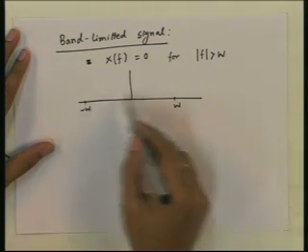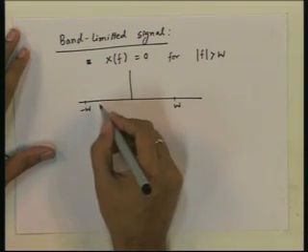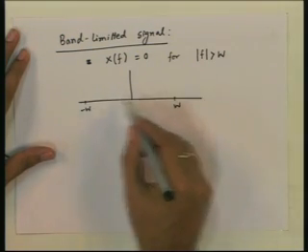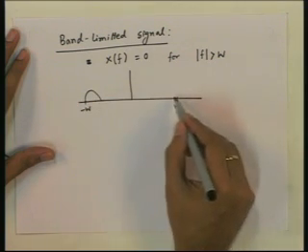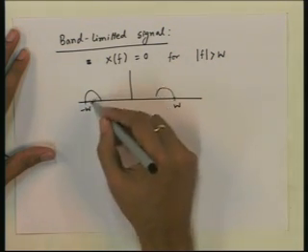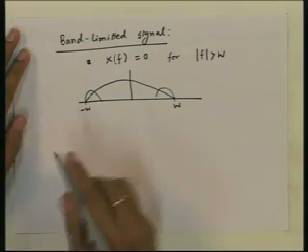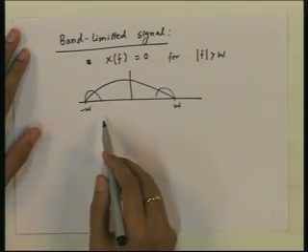It is non-zero only in this range. So, it may be either a low pass signal or a band pass signal like this, or a signal like this. So, this is a band limited signal.